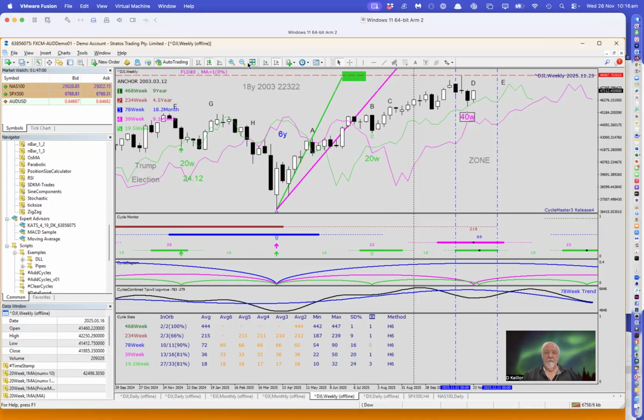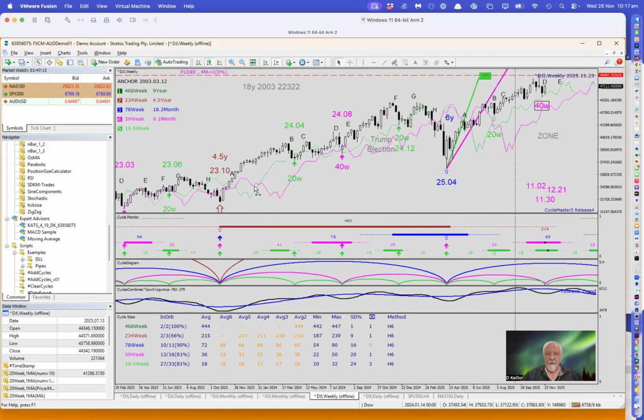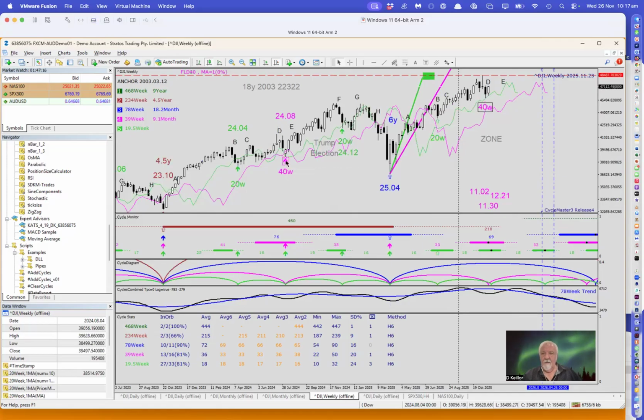And we can now take these. We can't place them exactly because the 40-week low has not been located on here. We go back and get the last 40-week, shift it into place. Of course, CycleMaster is going to make that large.